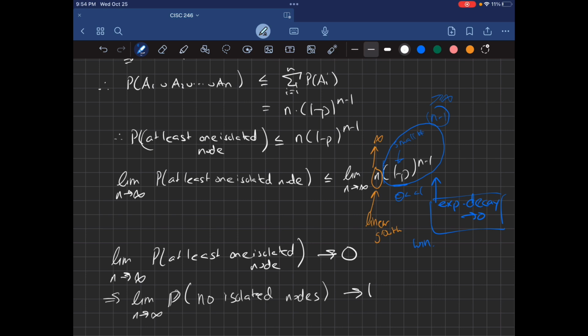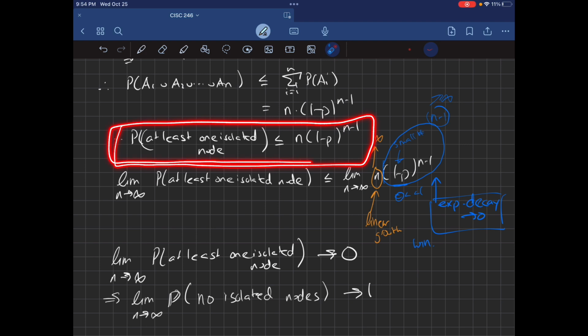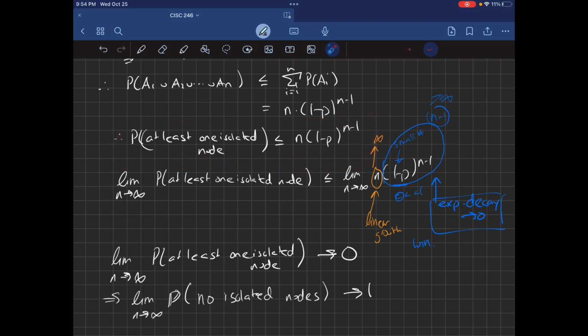All right, so I'm not going to expect you to reproduce this analysis on your own, but I will expect that you at least can remember this result. And then I'd probably have you just plug in some values for n, 1 minus p, and so forth to get a numerical answer, like for n equals, I don't know, 6 or 10, and p equals 0.3, and just get an upper bound on it.